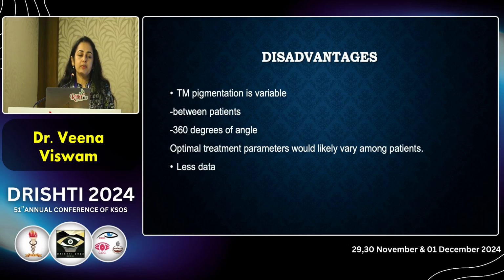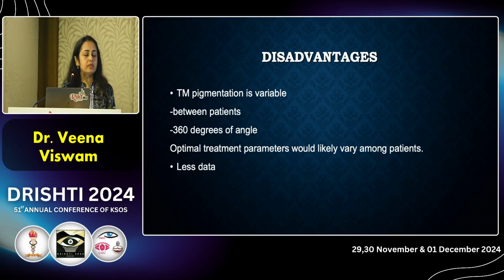Some disadvantages are that trabecular meshwork pigmentation is variable. Even in the same patient, inside the angle, trabecular meshwork pigmentation may be different in different parts, and between patients the pigmentation may also be different. So the optimal treatment parameters are likely to vary among patients.